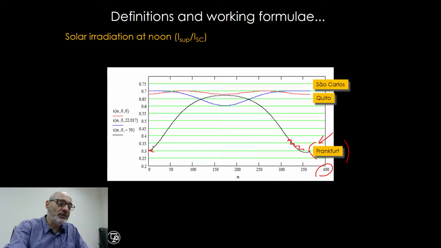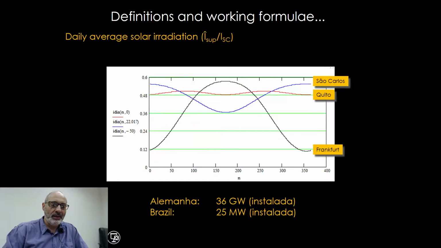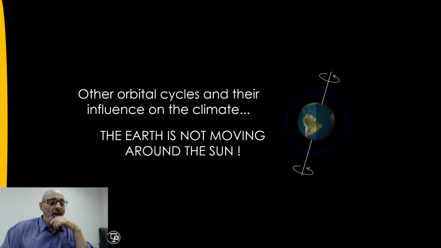And even though the solar energy is very small during winter, they have, I don't know, 100 times the amount of solar power plants, photovoltaic or thermal, in Germany. 100 times more than we have here in Brazil, even though they have much less energy during winters. I have these numbers here. It's one order of magnitude different.